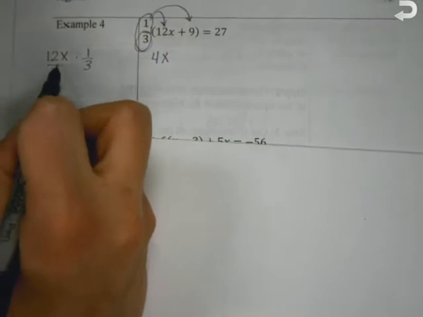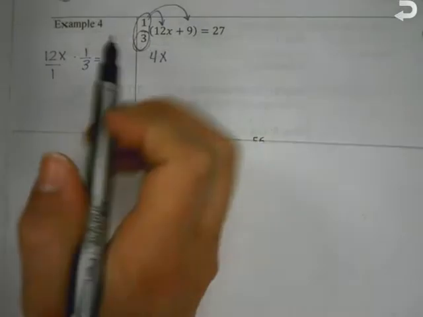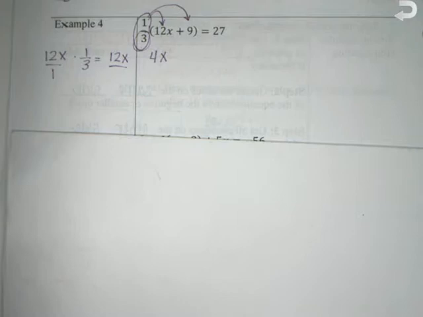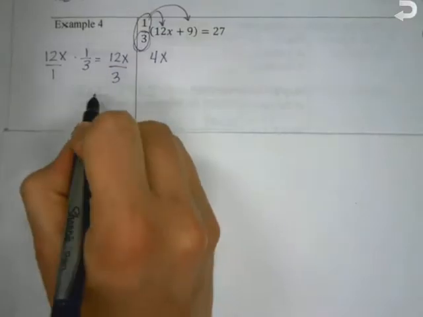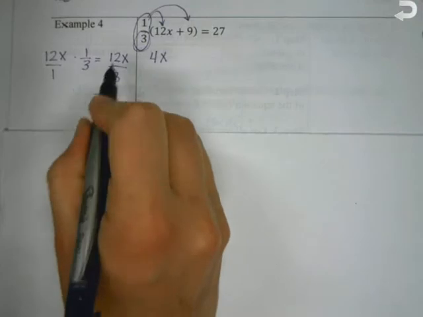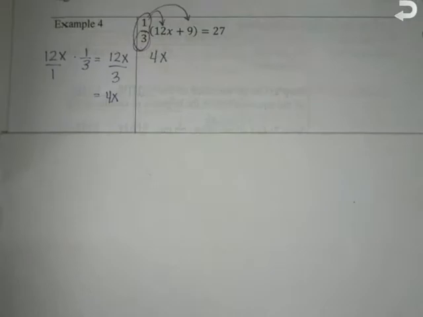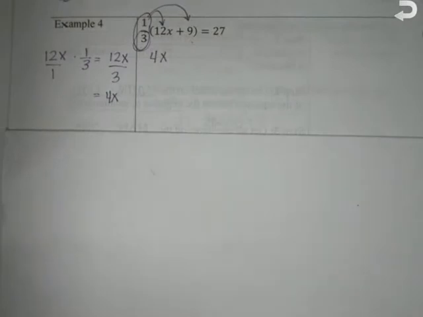What's 12 times 1? 12x, right? Over, what's 1 times 3? 3. How does that reduce? What's 12 divided by 3? 4x. Okay, it's the same as dividing. So what's 1/3 times 9? 3. Good. Plus 3 equals 27.